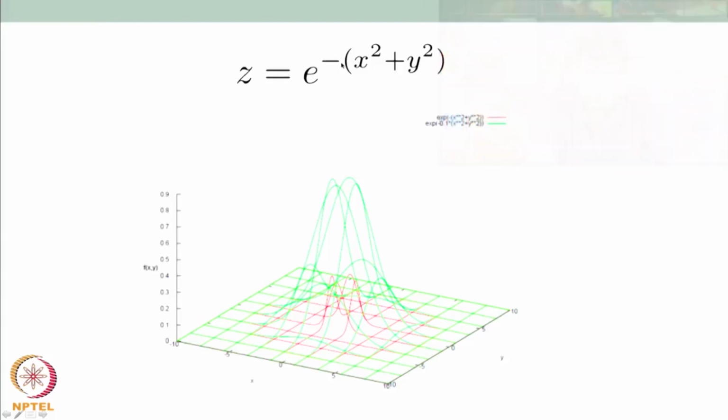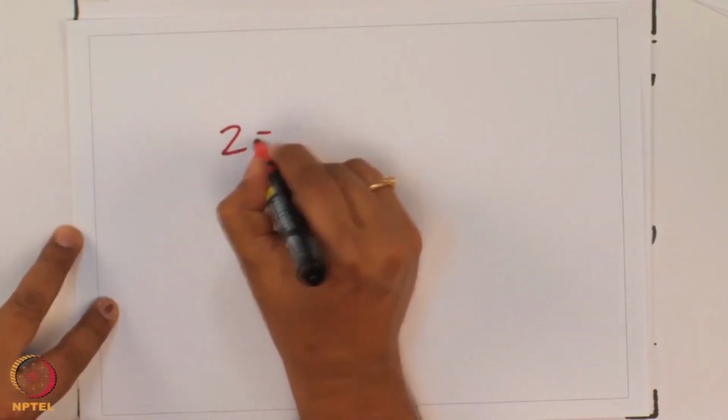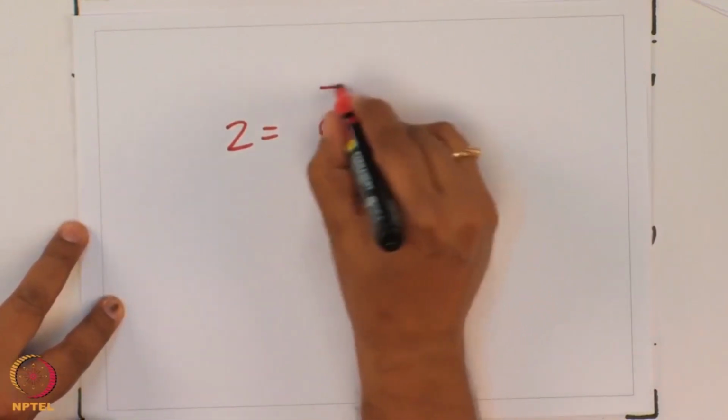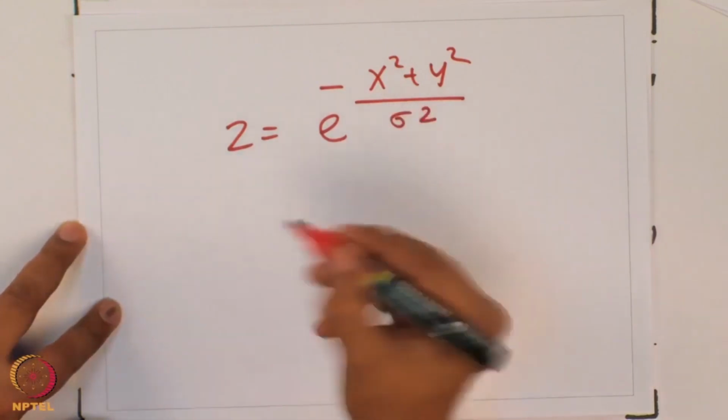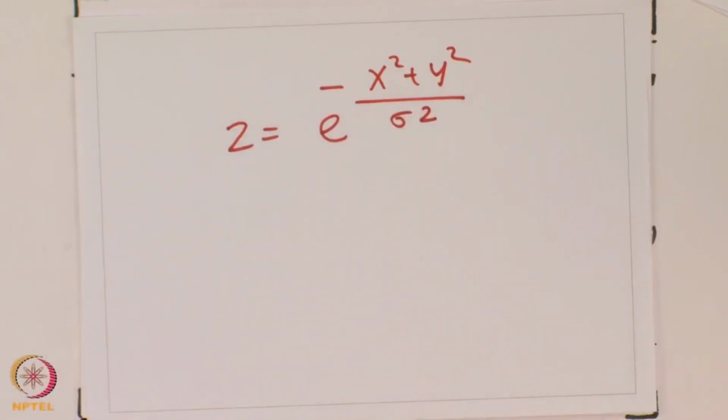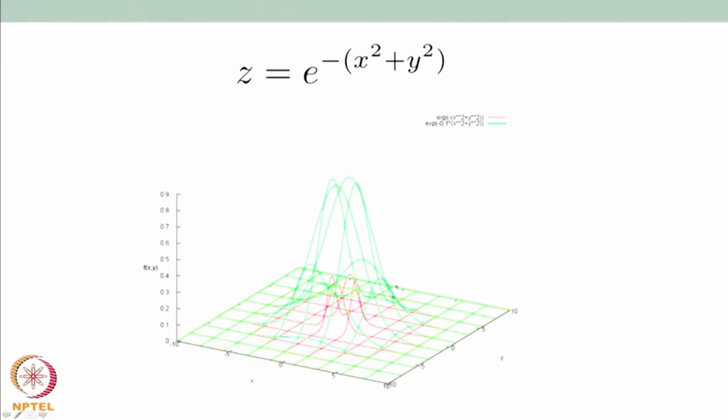I can write z is equal to e power minus x square plus y square by some sigma square. And depending on different values of sigma, I can get different kinds of plots. So the general equation here is e power minus x square plus y square divided by sigma square, and for different values of sigma, I will get different plots. So this is something that I want you to think about.